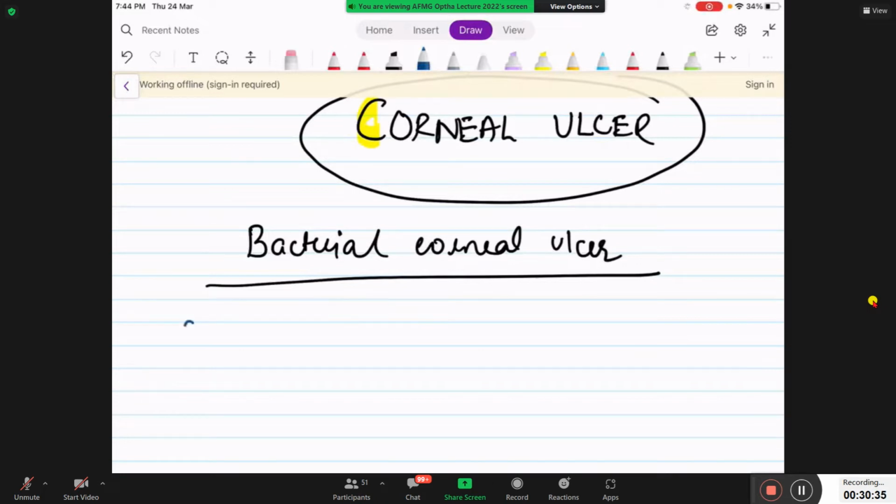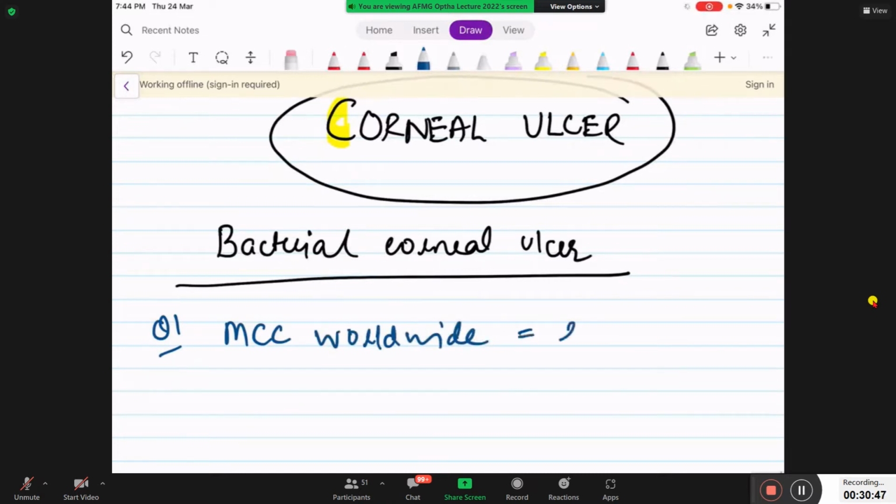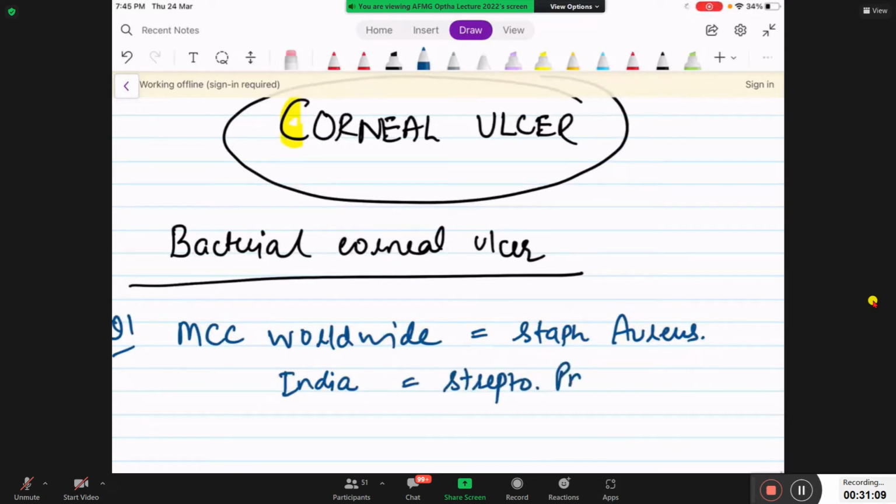Question number 1, most common cause of bacterial corneal ulcer worldwide, not in India, worldwide. Staph aureus. India, most common cause of bacterial corneal ulcer, then answer will be Streptococcus pneumoniae.